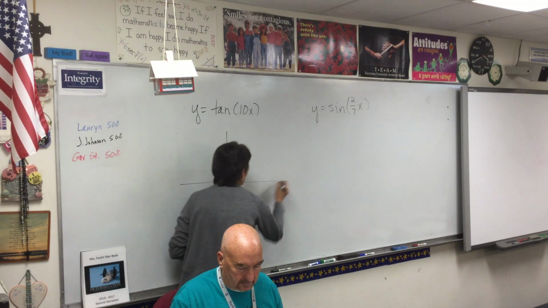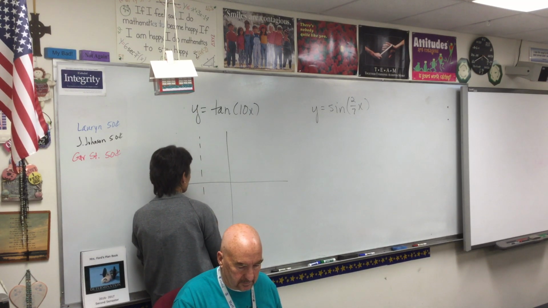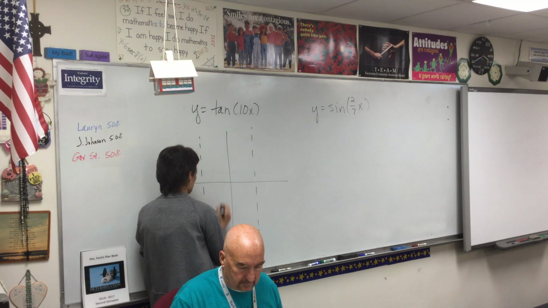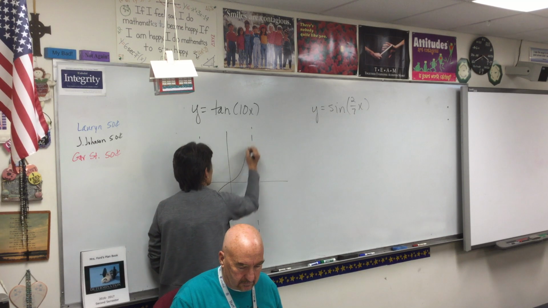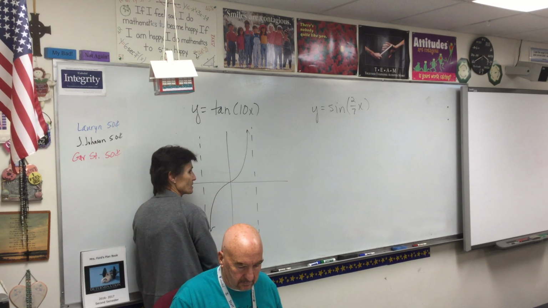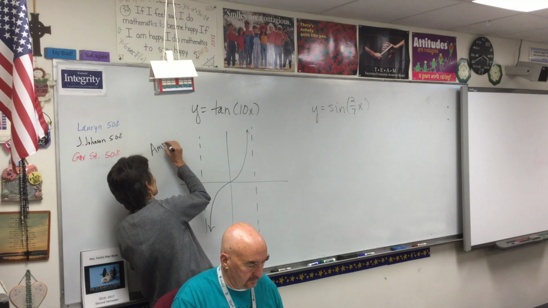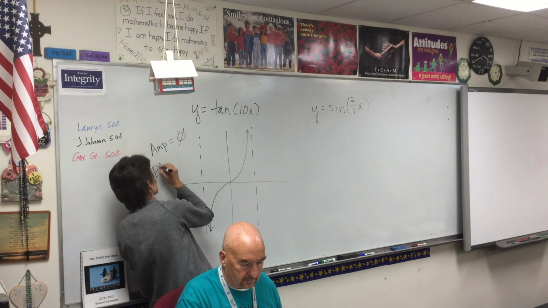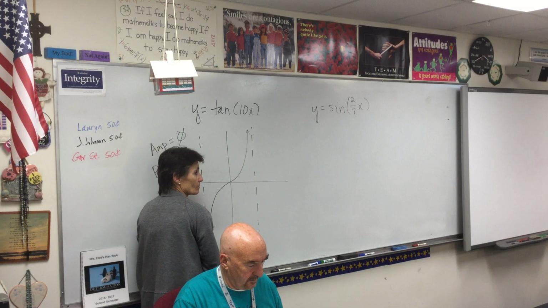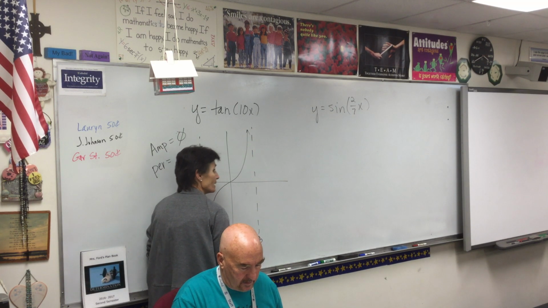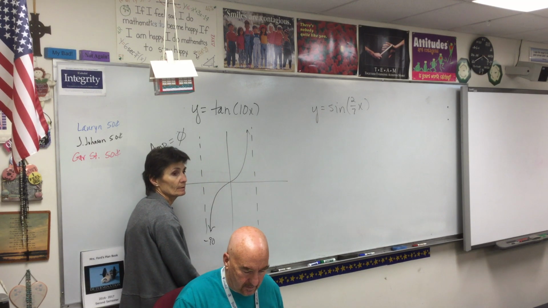Tangent. I know I'm going to have an asymptote here and an asymptote here. It's a positive tangent, so it's going to squiggle up through the origin. That's what it's going to look like. I know that there is no amplitude. And I know that the period should be from negative 90 to 90.